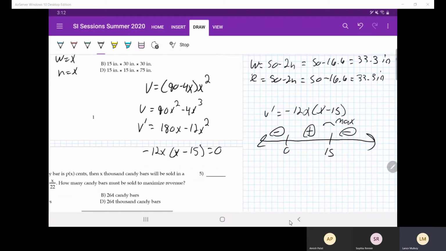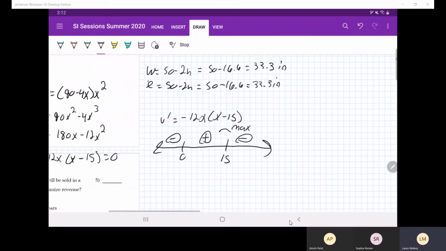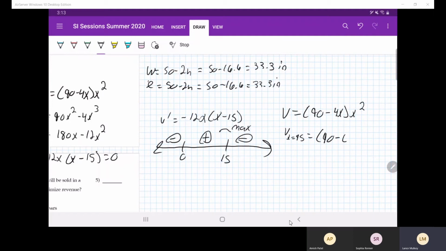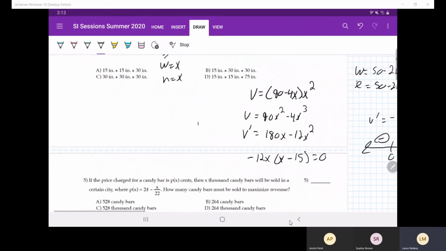All right. So now we go to the original equation. So V equals 90 minus 4x times x squared, and plug in 15. 90 minus 60 times 225, which equals, but it doesn't even want the volume, does it?